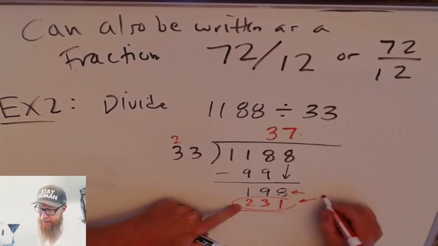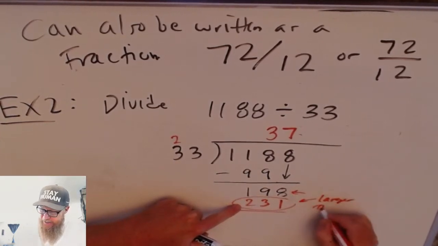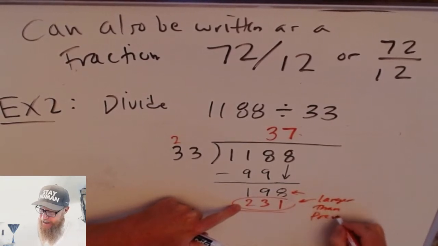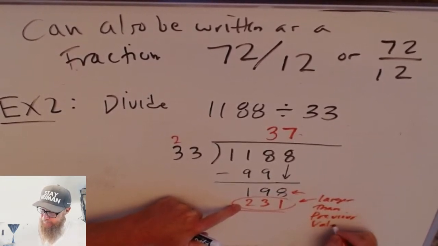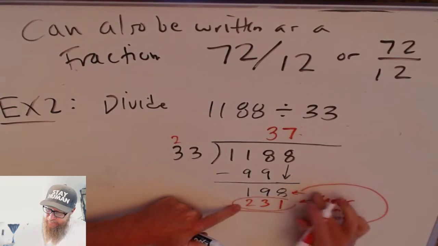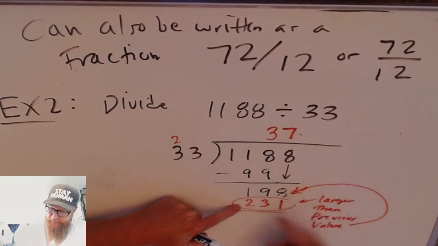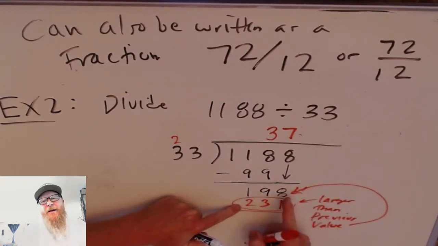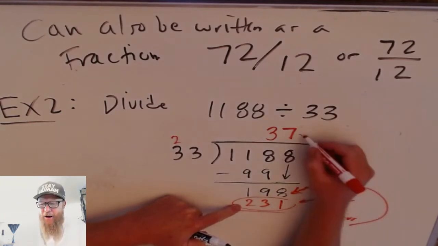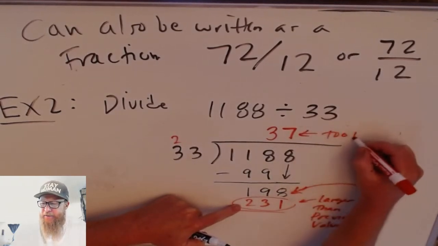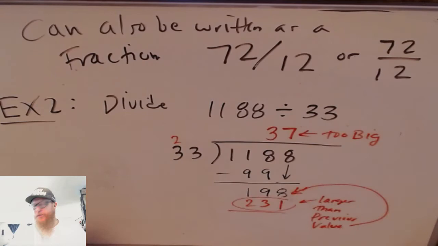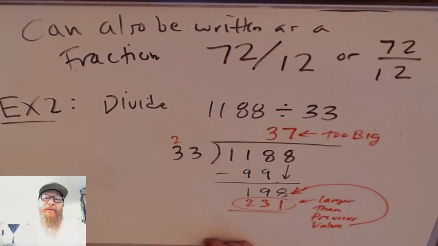If this number is larger than the previous value, 198, here 231, that means that 7 was too big. You guessed too big.